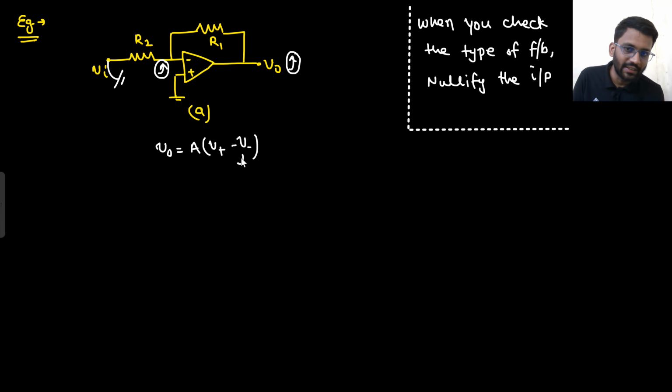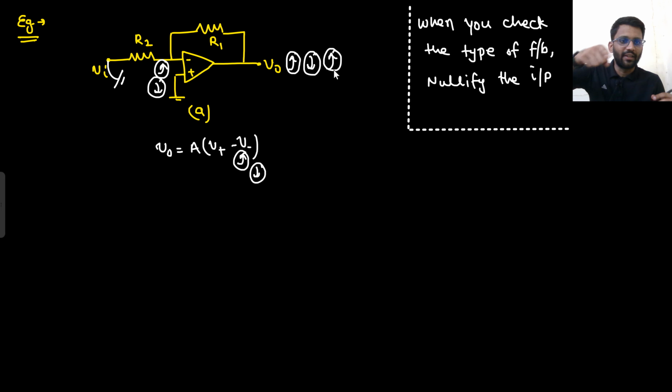V negative node is increasing, so the output will decrease. And if the output decreases, this node will decrease, and if your negative node is decreasing, your output will increase. So there is stability: increasing, decreasing, increasing, decreasing. You just need to check one step only. If you increase the output, it is getting decreased. So here you can determine it is negative feedback. Say yes or no.